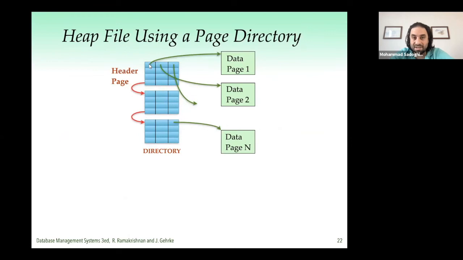In this format, I can just read a single header page, and now I know information about 12 different pages. And in reality, a single 4K page is probably going to have information about a lot more data pages. So now the information of the header is really condensed in a set of small directories.